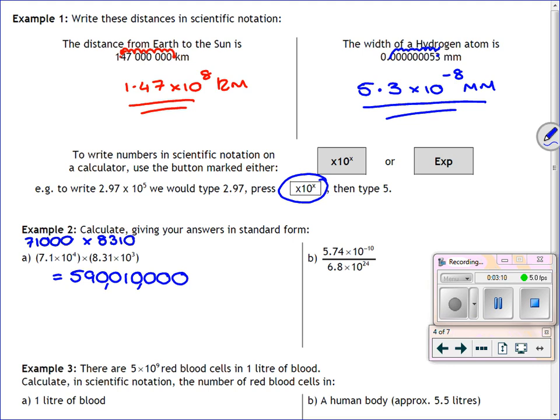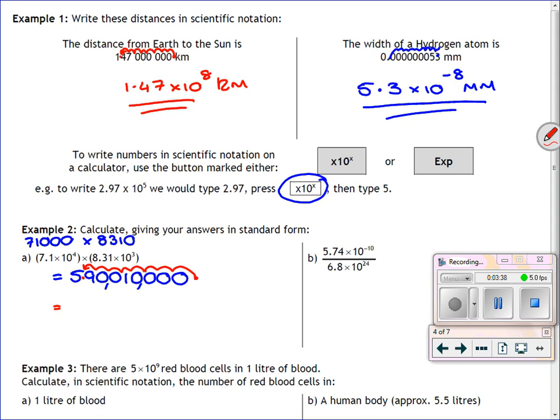So remember, I want to write my number as a number between 1 and 10. Just now my decimal point is here at the end. I want to put it in here, so when I make a number between 1 and 10, it's going to be in between the 5 and the 9. So I'm going to make it jump 1, 2, 3, 4, 5, 6, 7, 8.